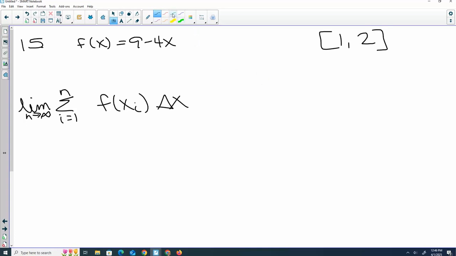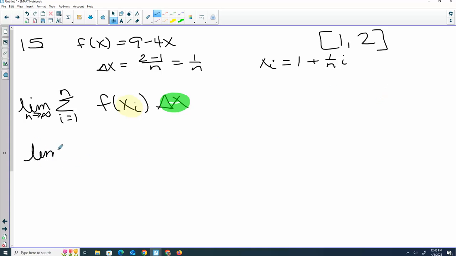To do that, we need to know what x sub i and change in x are. So change in x is ending minus beginning divided by n, so we get 1 over n. X sub i is your first point plus the change in x times i. Are we okay with that?